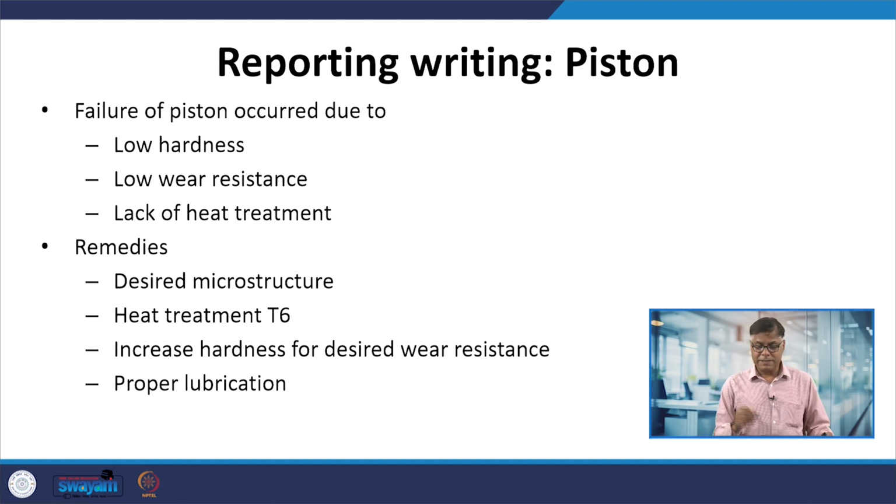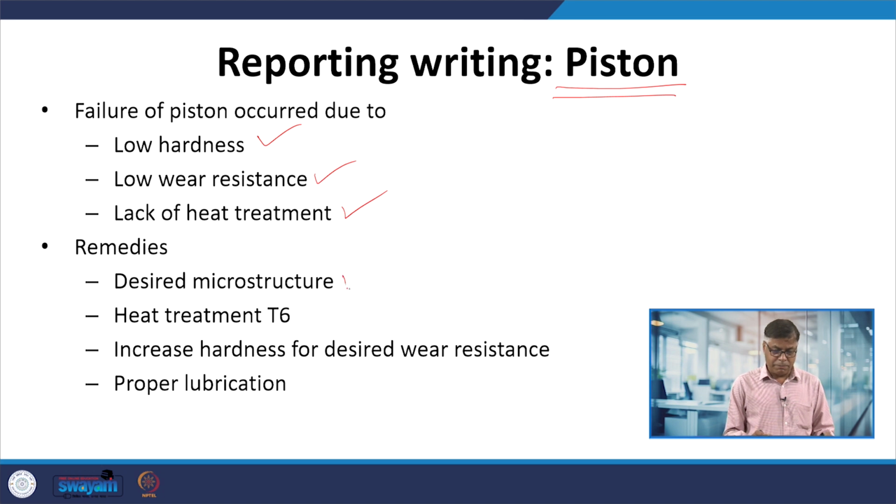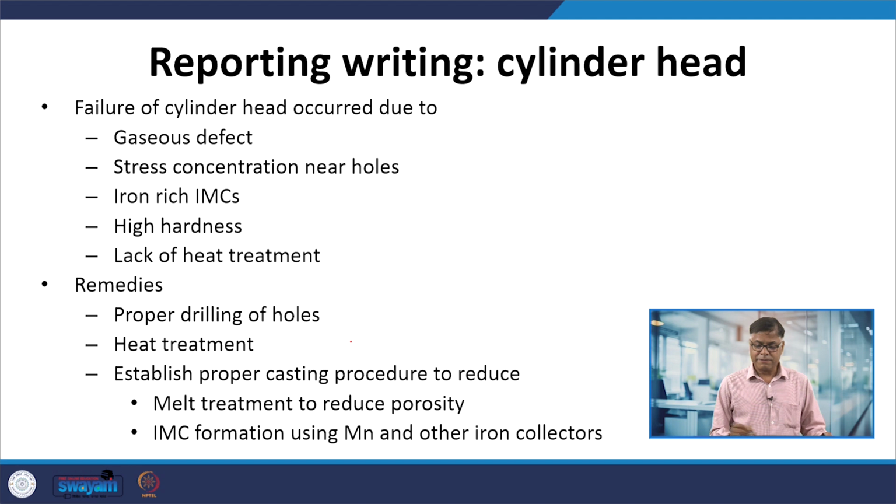As a summary, the failure analysis of the piston suggested lower hardness, lower wear resistance, and lack of heat treatment. The remedies are to obtain the desired microstructure through heat treatment, increase the hardness for the desired wear resistance, and use proper lubrication. As far as the cylinder head investigation is concerned, the failure occurred due to gaseous defects, stress concentration near the hole, formation of iron-rich IMCs, higher hardness, and lack of heat treatment.